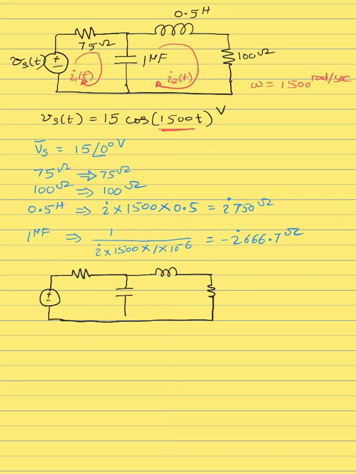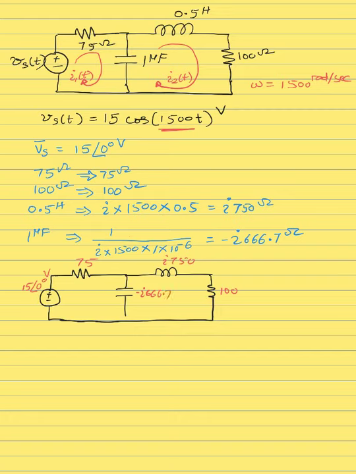Okay, so let's write down what we have: this is 15 at an angle 0, that was 75, and this is j750, that's 100. Since all the values are in ohms, I'm going to skip writing the units. That was negative j666.7.